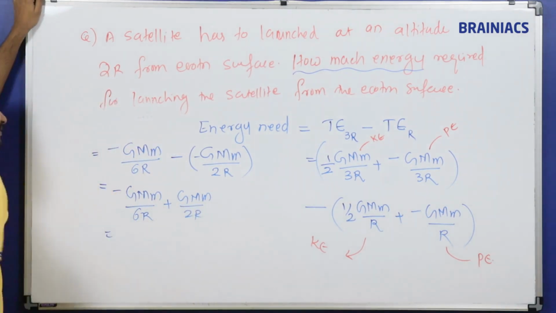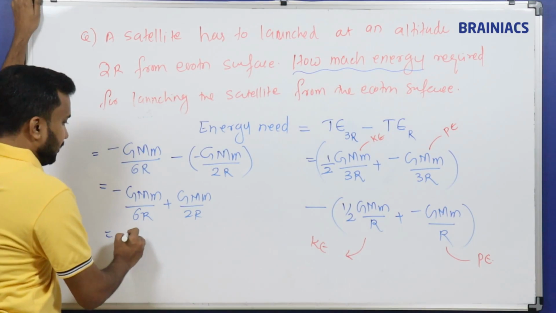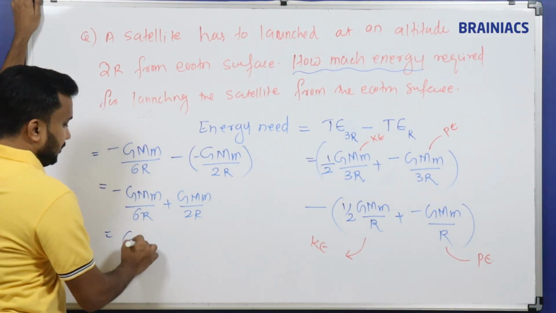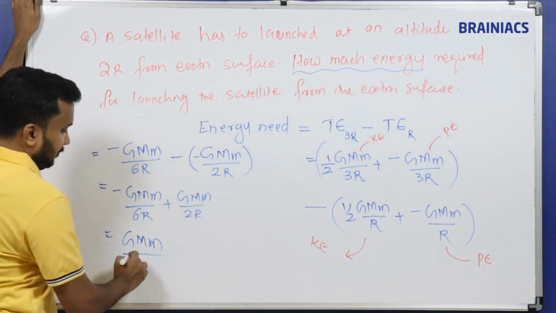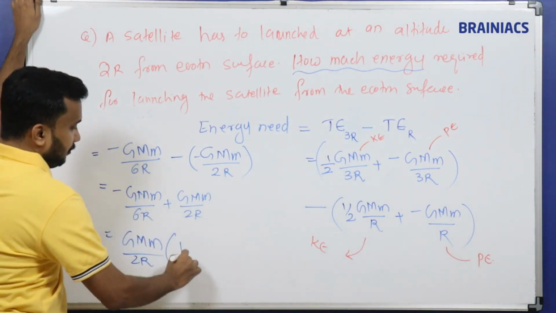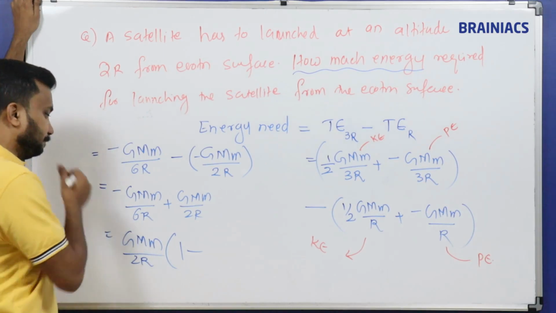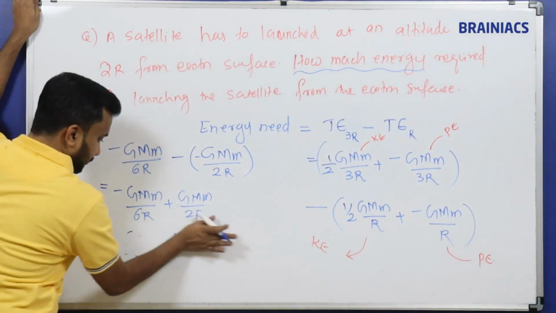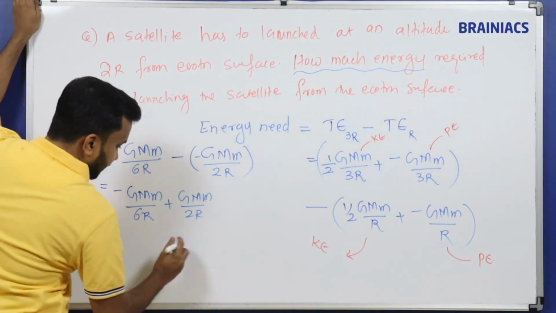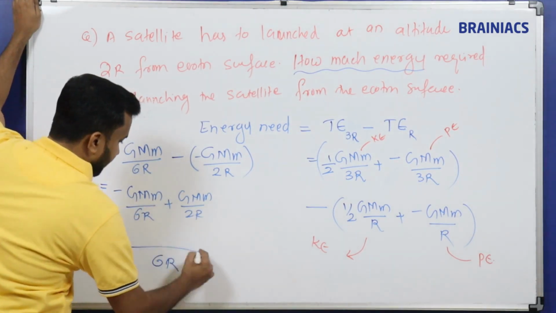Okay, so let me take some things outside. What I can take is GMm divided by 2r outside. Or instead of doing it like this, it's quite simple, right? We will take 6r as LCM.